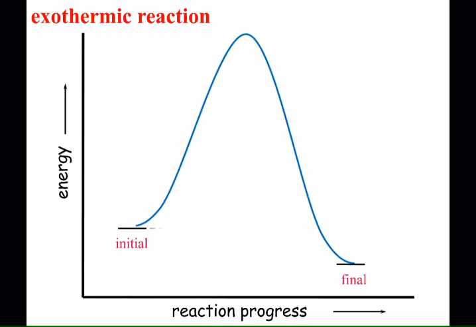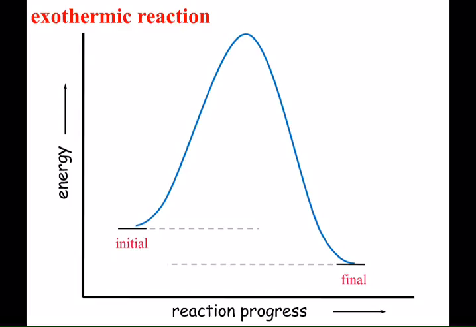So for the activation energy barrier, you see the hump there, hopefully, right? You basically take the initial up to the top of the hump. That is your activation energy barrier. This down from initial to the final, that is your enthalpy change.